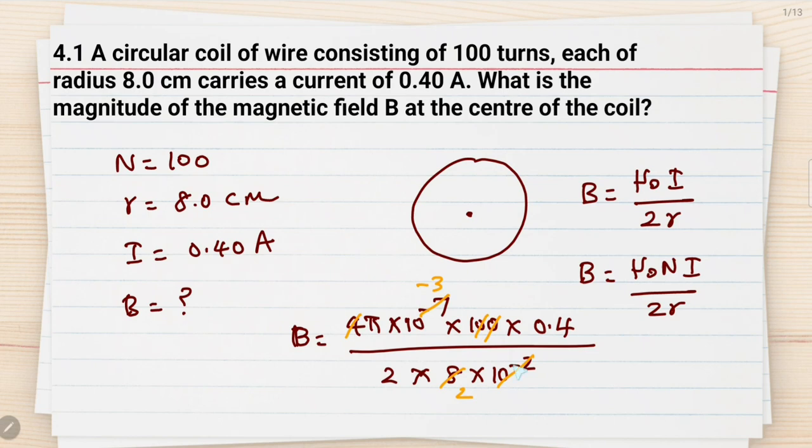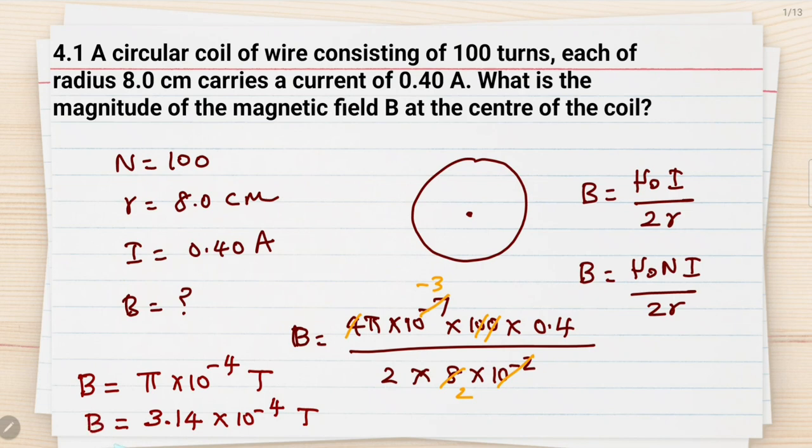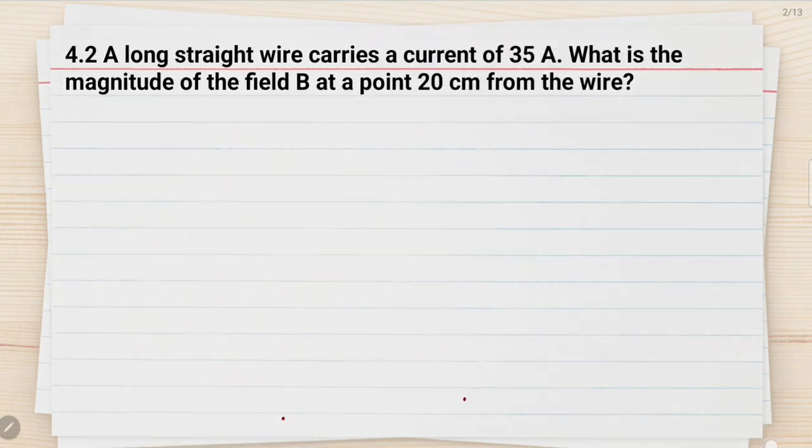The power minus 2 goes off, then 100, 10 power 2, also goes off. 4 cancels with 8, and the 2 cancels with 0.4. So if you cancel everything, the remaining is pi into 10 power minus 4 Tesla. Or if you want, you can write the value of pi, so 3.14 into 10 power minus 4 Tesla. That is the answer for this problem.